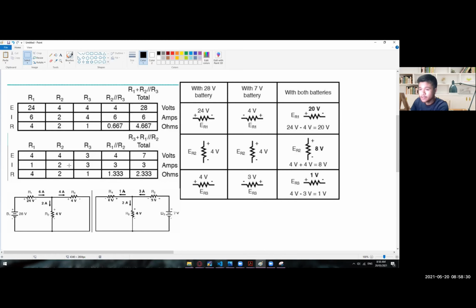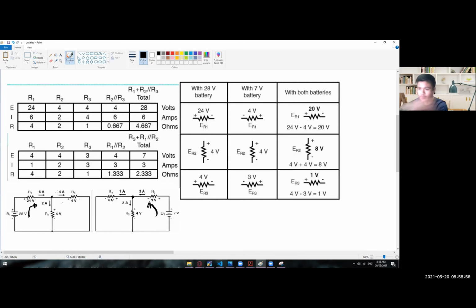One thing that you need to check is the polarity. Notice that we have here positive, negative, and here negative, positive. We have a current flowing in from one side and a current flowing in from the other side. Upon meeting in the middle, you already know that they will not be added to each other.